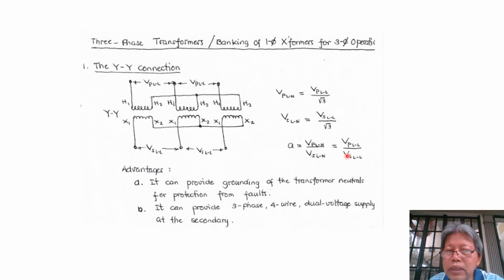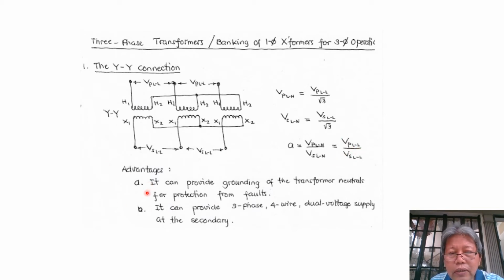So when we substitute the line to neutral voltages, the primary line to line voltage over square root of 3, and the secondary line to line voltage over square root of 3, the square root of 3 will just cancel, so we just have this one.